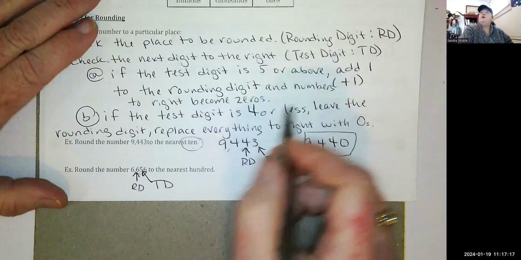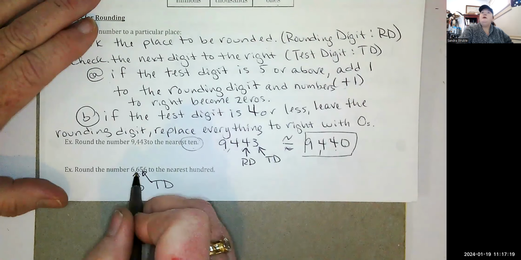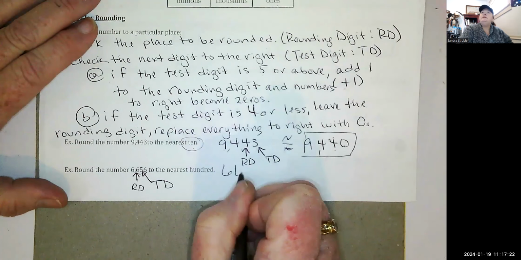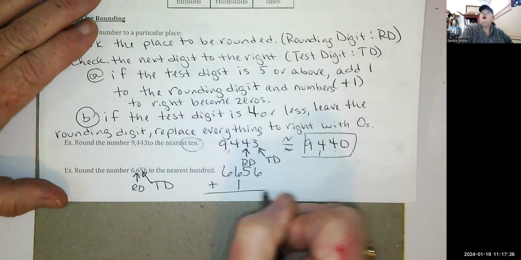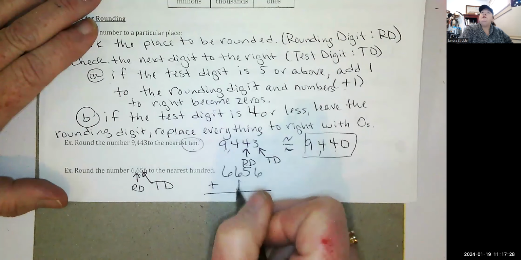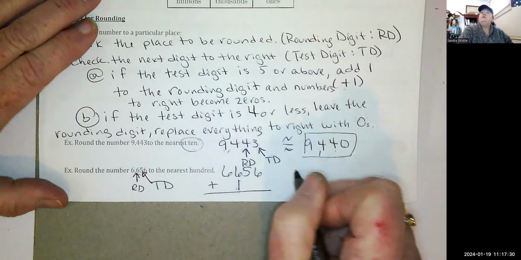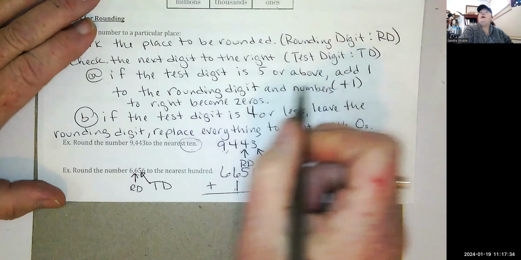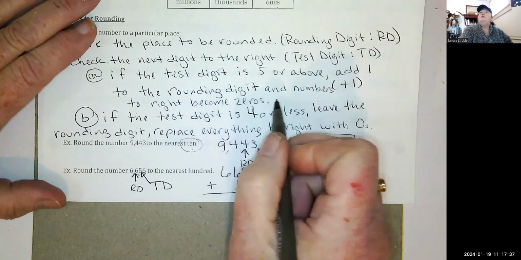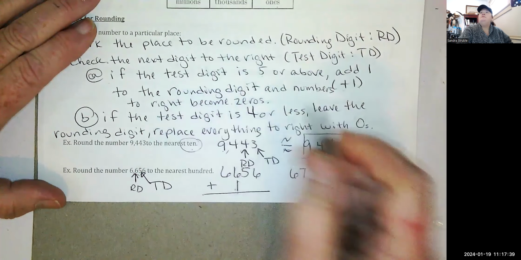I'm going to add 1 to my rounding digit, 6 plus 1, only where the rounding digit is. So that becomes 7. And now the numbers to the right become 0.